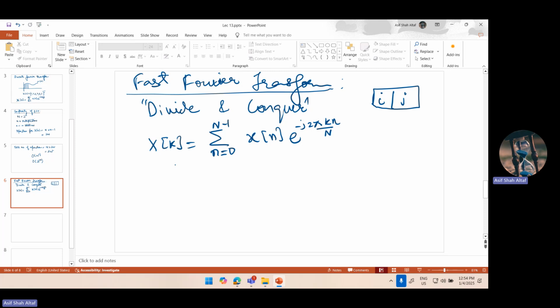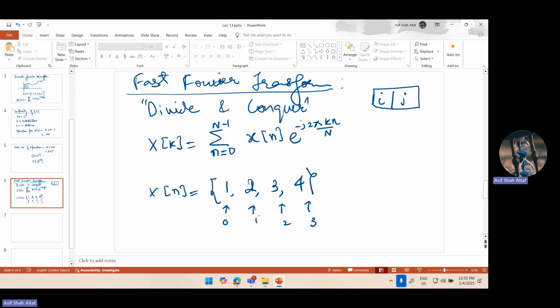Okay. So what we do in fast Fourier transform is we basically divide this x of n, our time domain signal, into two parts. So we call it the even part and the odd part. What I mean by that is, say suppose you have a signal which is 1, 2, 3, 4. Okay. So you see this index is the 0th index, this is 1, this is 2, this is 3.